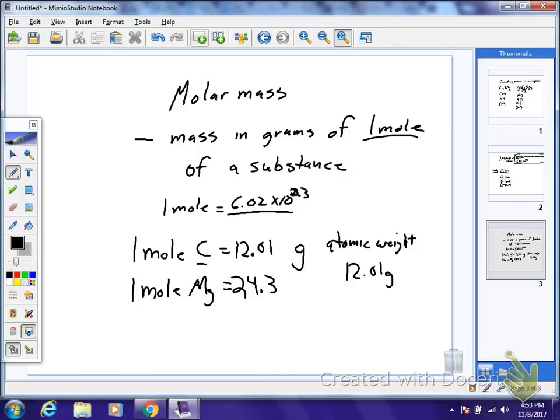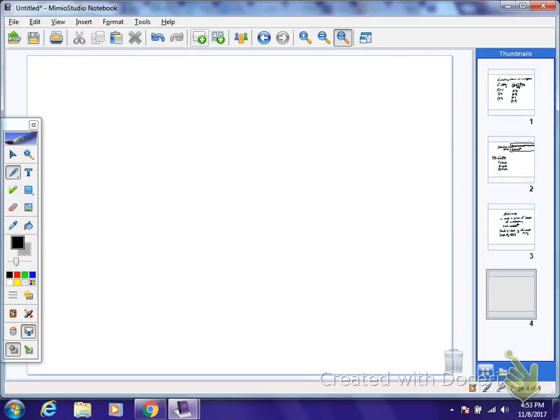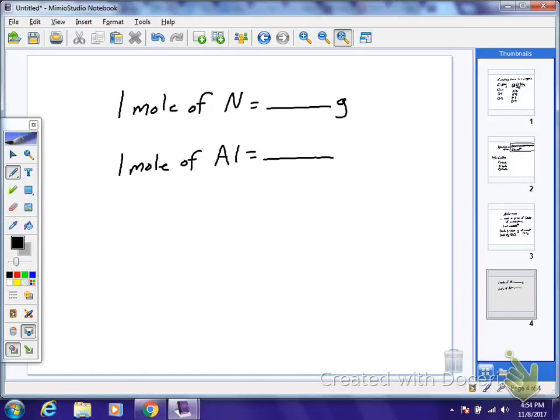Okay, so then I'm going to have you take a look at doing a couple. I'm going to say, what does 1 mole of nitrogen equal in grams? And what does 1 mole of aluminum equal in grams?